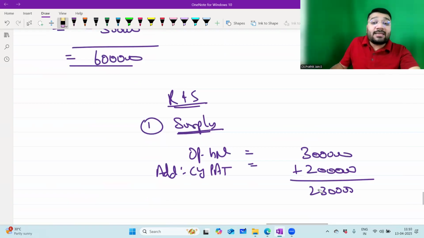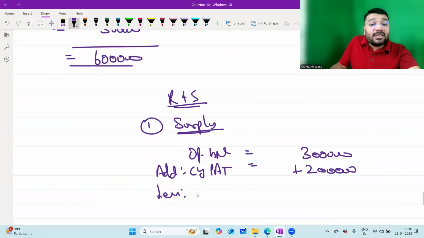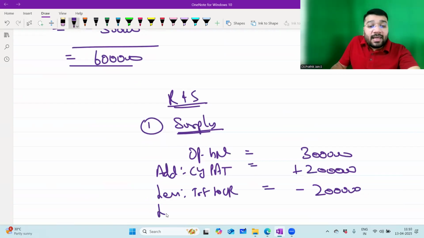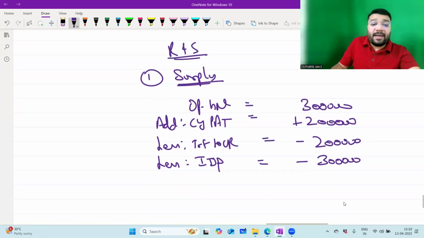When does the closing balance come? After the appropriation. So let's transfer to GR. How much? 2 lakh rupees. Less interim dividend paid, 3 lakh rupees. Less preference dividend paid.